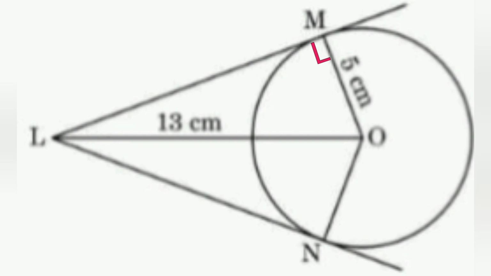LM is a tangent at M. MO is the radius. Therefore, LM is perpendicular to MO. Hence, LO is the hypotenuse of right triangle LMO.